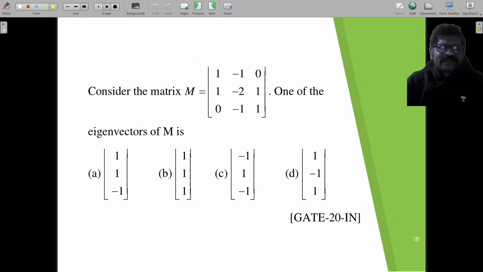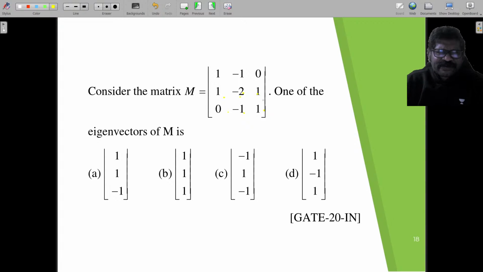Next question. Consider the matrix M with rows 1 minus 1 0, 1 minus 2 1, 0 minus 1 1. One of the eigenvectors of M is... we have to solve this problem by using options.